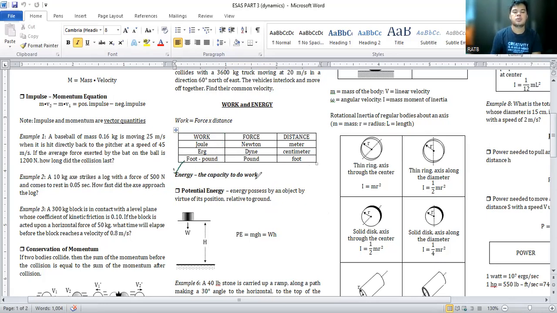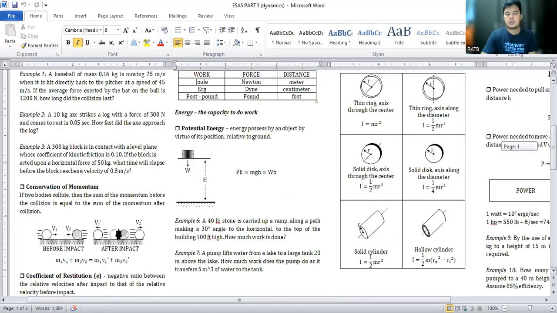Since energy is the capacity to do work, we will be defining the following: potential energy, and of course kinetic energy.